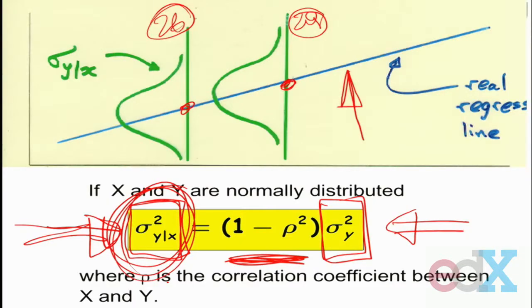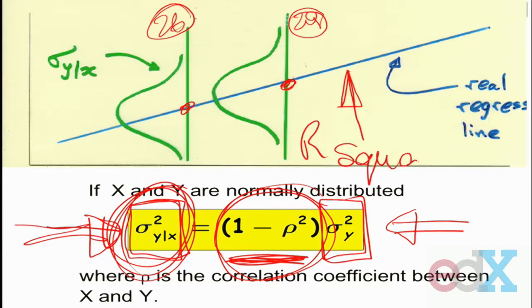So here is interpretation 1 of the correlation coefficient. It's the reduction in the variance or standard deviation of your conditional standard deviation or variance. There it is. Now you're going to see when we get to regression output, rho squared is sometimes estimated by something called r squared. So you're going to be seeing r squared.